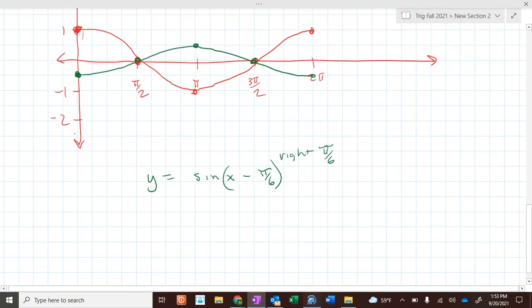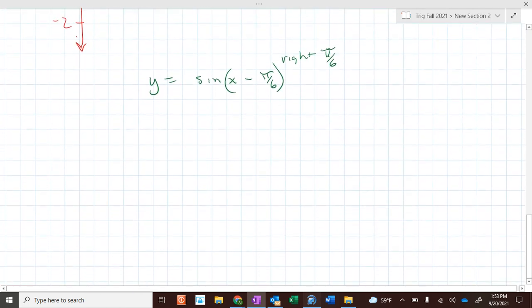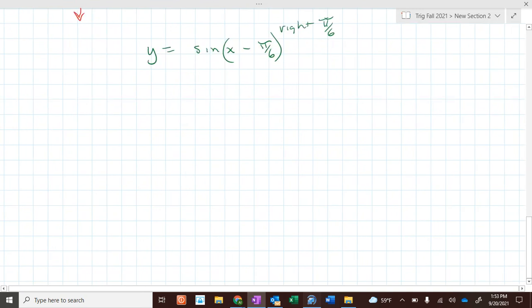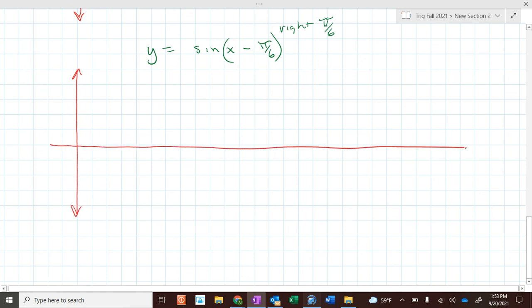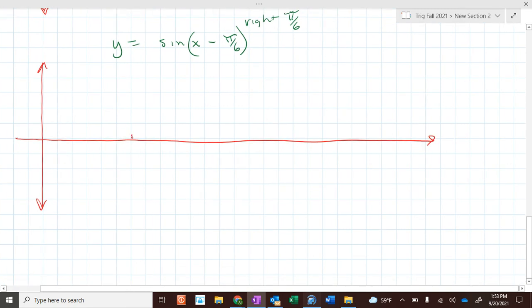But we can't use 4 spaces to get to pi/2 and so on. Okay? So I'm going to use 6 spaces to get there this time. So I'm going to go 6 spaces to get to pi/2, 6 spaces to get to pi, 6 spaces to get to 3 pi over 2, and 6 spaces to get to 2 pi. 1, 2, -1, -2.